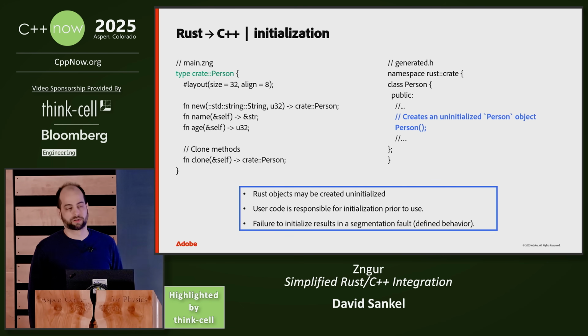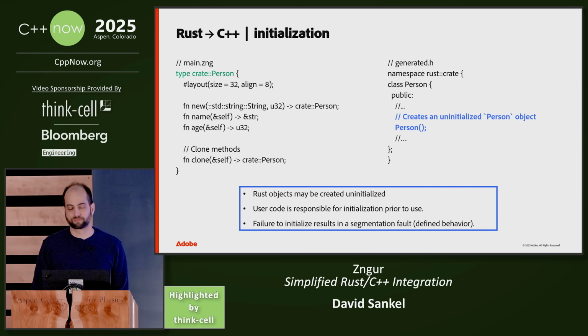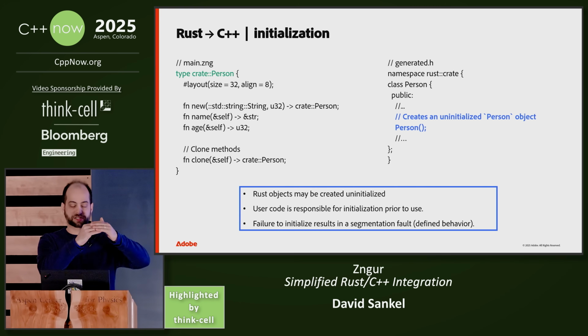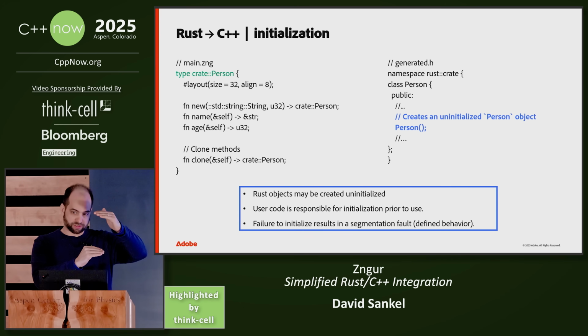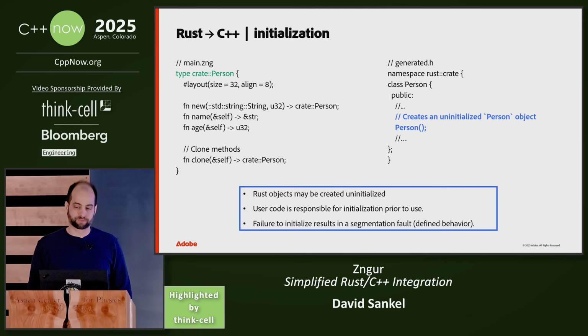Yeah. So if you have some existing Rust type, that means that's not getting exposed directly to C++ because it doesn't contain this bool, right? So if you look at the memory layout of what you're exposing in C++, you have the memory for the Rust object and then an extra byte for the bool. Right. So if you have, say, a vector of these C++ objects, they don't contain the bool, right?